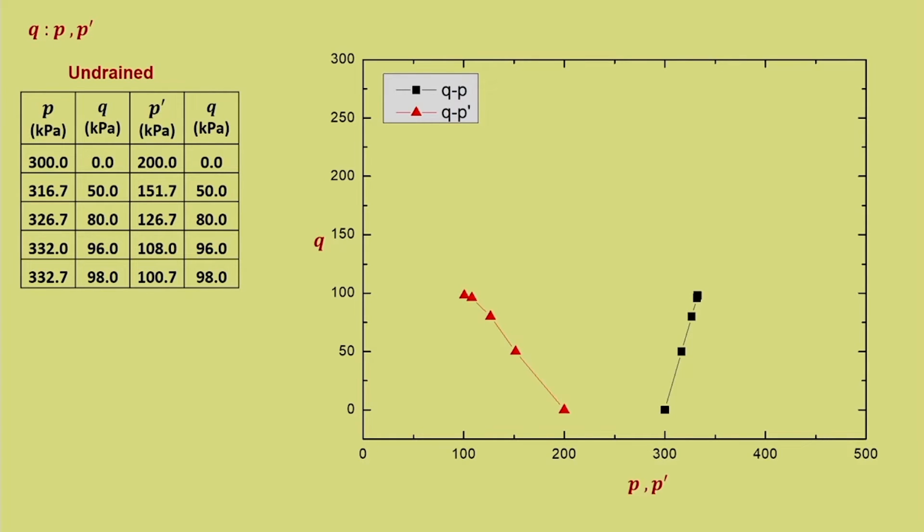So, we have now presented a very simple example of how the total stress path and the effective stress path look in different stress path plots. Now, what have we understood from these plots, why are we plotting this and why are we studying this? We want to understand when the soil will fail, or from the beginning how it traverses, how the stress changes up to its failure state.